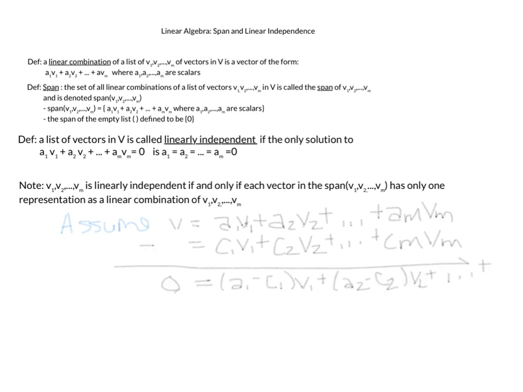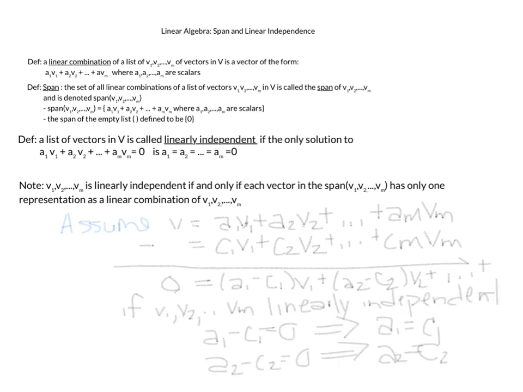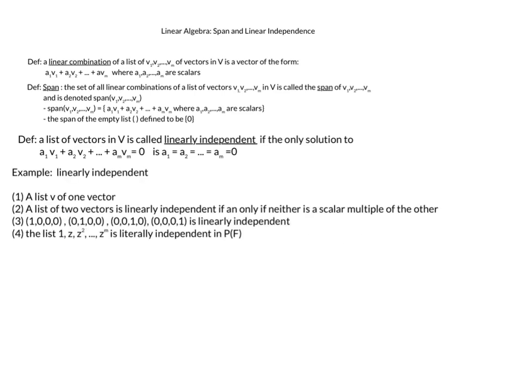If we subtract v from v, we get 0, and we have (a1 minus c1) v1, (a2 minus c2) v2, etc. But because the vectors are linearly independent, this homogeneous equation, homogeneous meaning it equals 0, means that each of the coefficients, a1 minus c1, has to equal 0, which implies that a1 equals c1, so there's actually only one representation. So again, if they're linearly independent, then each vector has only one representation. It's unique as a linear combination of the vectors.